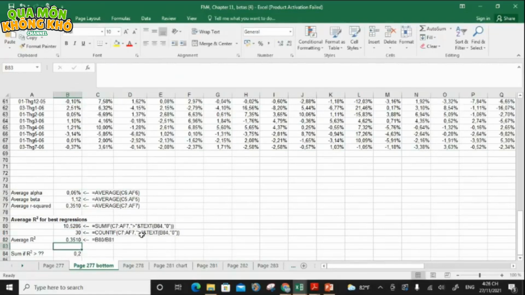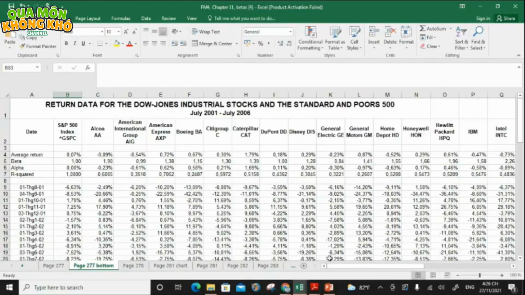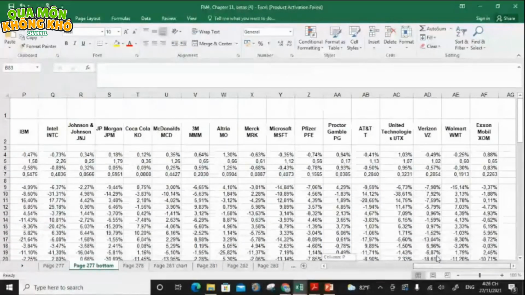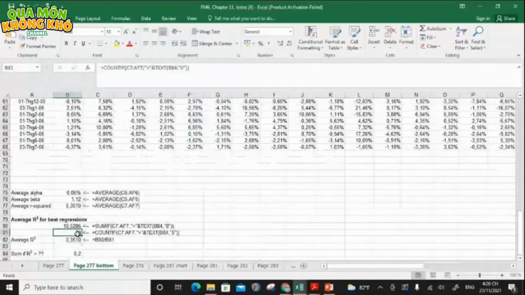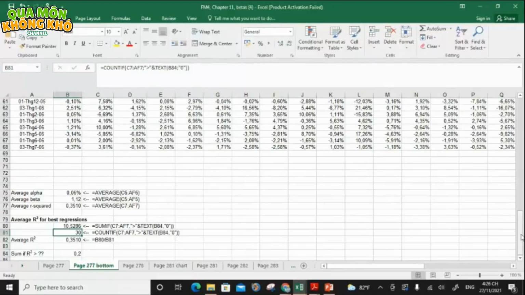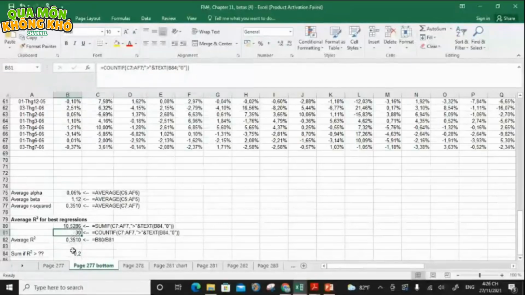Teacher, can I ask a question? I don't know why, but my stock count is still 30, but I have seen that there are some R squares that are smaller than 0.2. For example, that is here. What I counted is 30, the total of 30 stocks, but there are some R squares that are lower than 0.2.